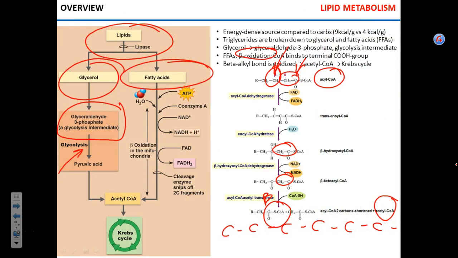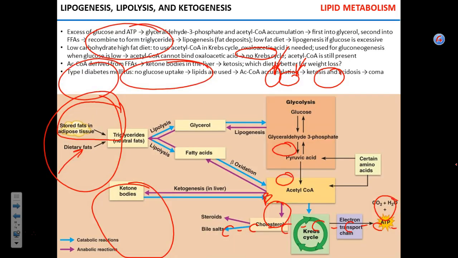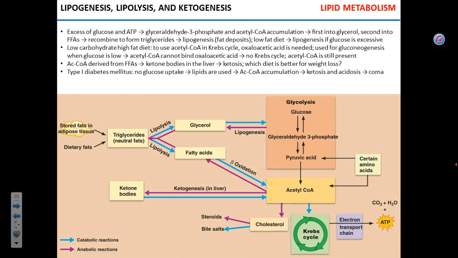So what you essentially end up with is glycerol gets into the glycolysis, and products of beta oxidation of lipids, which happens in mitochondria, right there, right next to Krebs cycle, end up in the Krebs cycle, acetyl-CoA. Okay? Now we know enough to talk about a collective metabolism of lipids and carbohydrates.